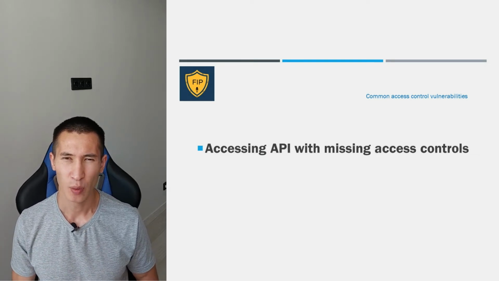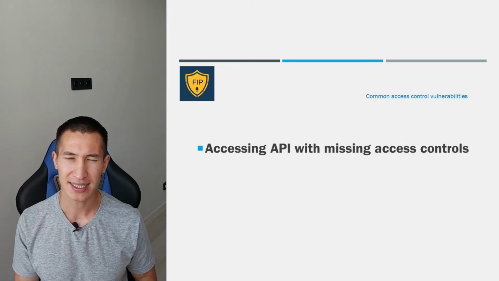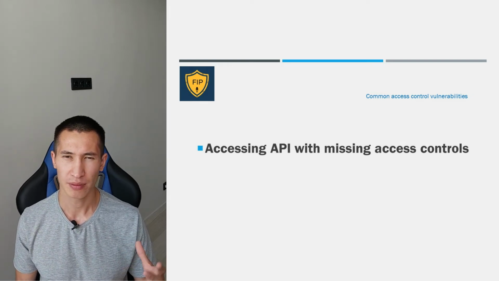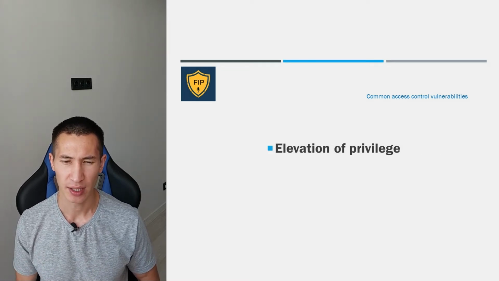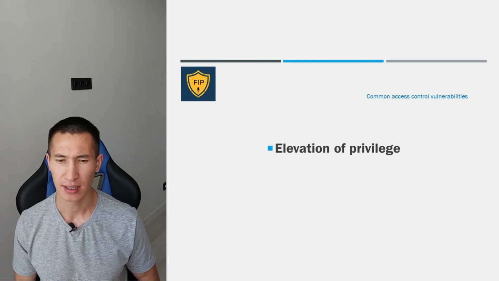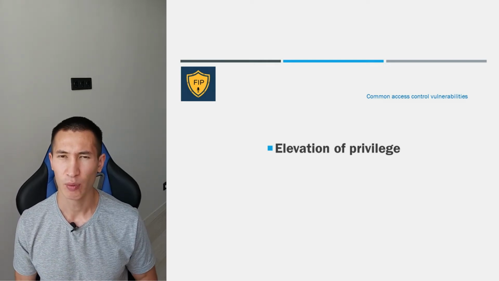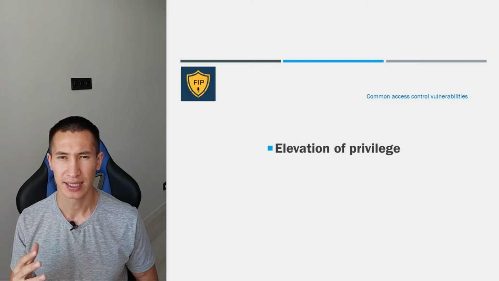Accessing API with missing access controls for post, put, or delete. Elevation of privilege, acting as a user without being logged in, or acting as admin when logged in as regular user.